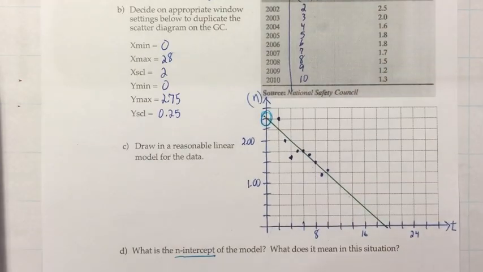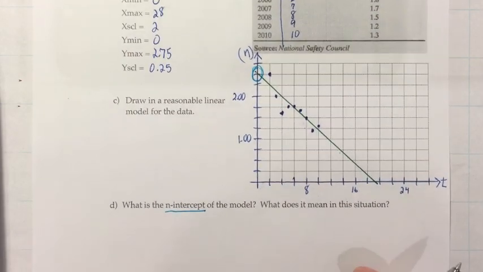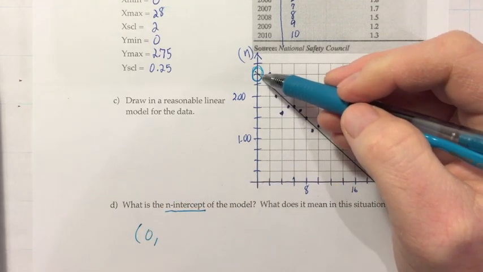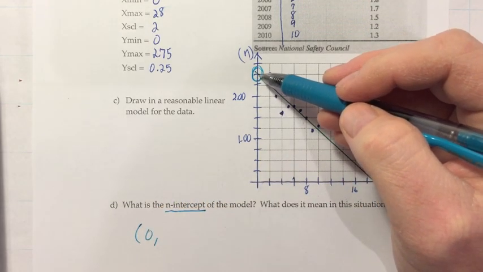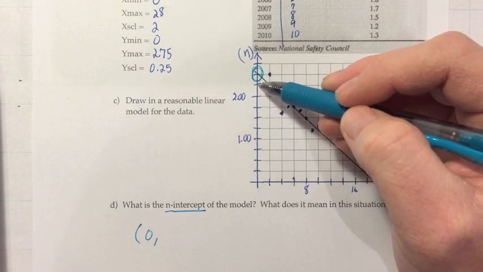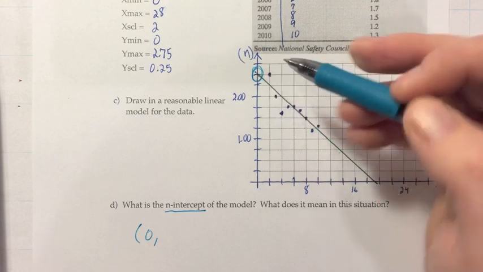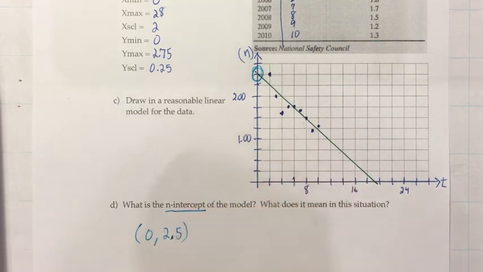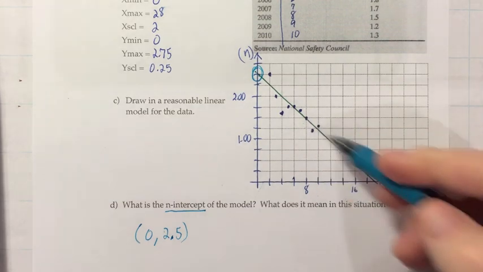Now again, you should put whatever you have for your graph. For me, that n-intercept is over 0 and up. It looks like it's probably hitting that notch, so that'd be 2 and 2 1/4 and 2.5. So over 0 up 2.5, and again, yours might be different because you drew a different line.